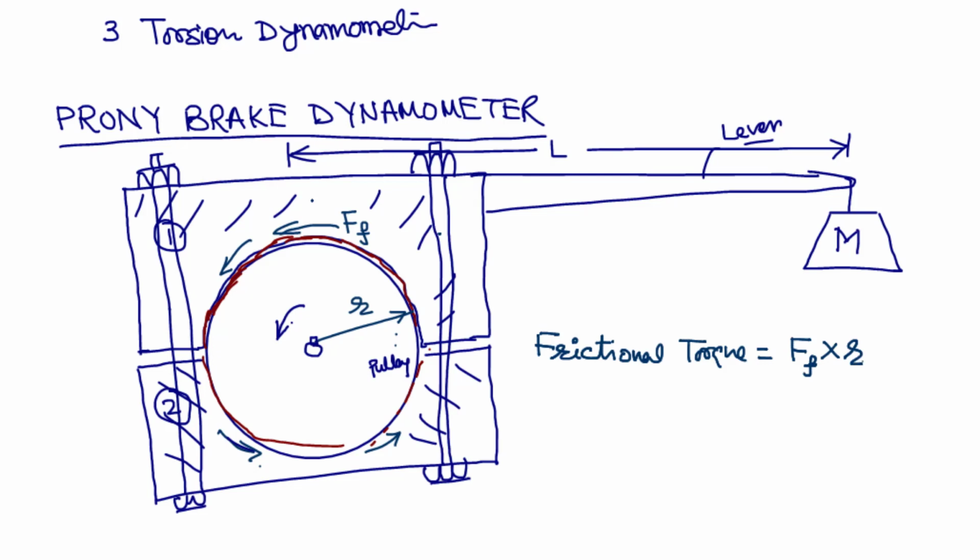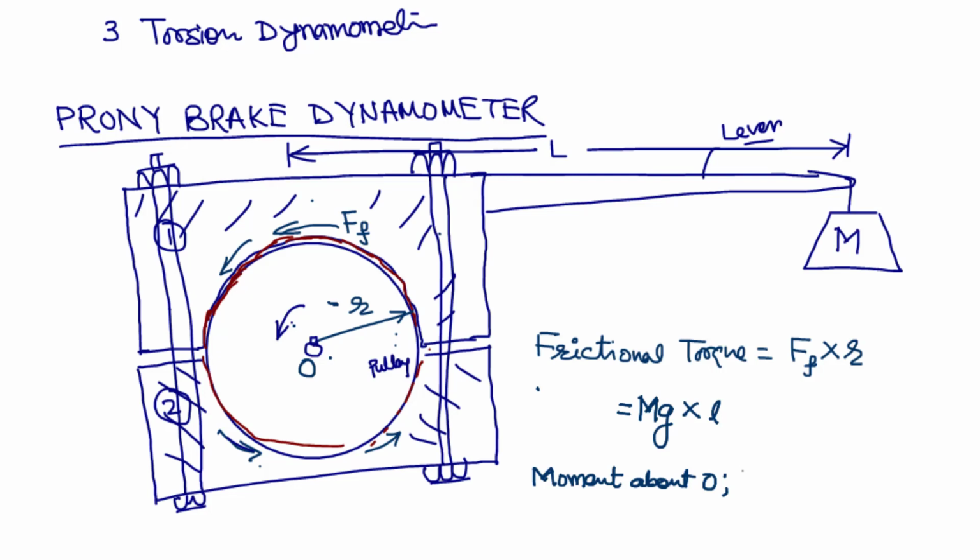It is balanced by the weight which is fixed at the end of the lever, that is, by mg into L, or we can say the moment about center O.